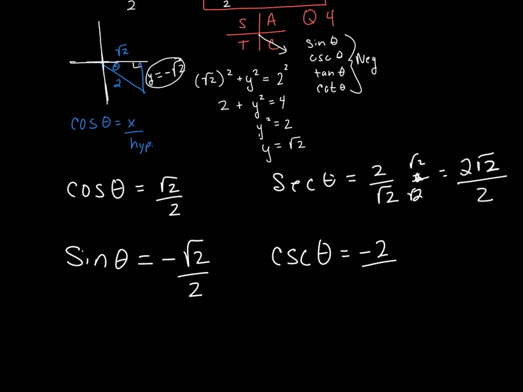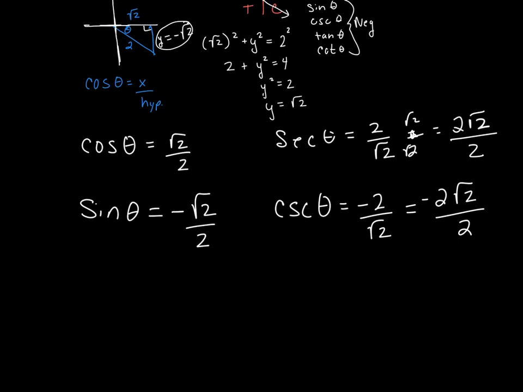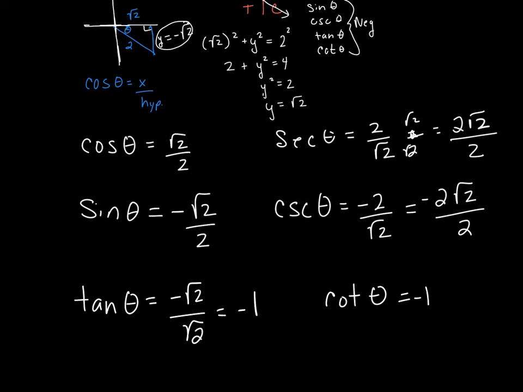So that's negative 2 over the square root of 2, and that rationalizes to negative 2 square root of 2 over 2. The last one is the tangent. The tangent of theta is just y over x, which is equal to negative 1. And the cotangent is the reciprocal. The reciprocal of negative 1 is also negative 1.